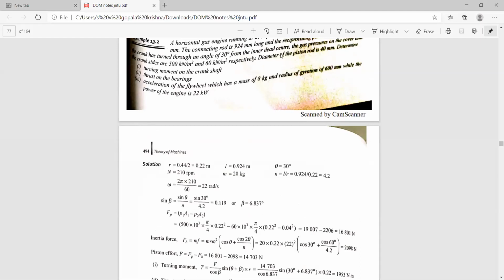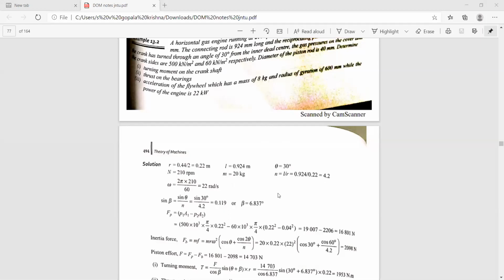Theta is 30 degrees, the angle between the crank and the horizontal axis along the line of stroke. The n value is 210 rpm, the mass is 20 kg, and the power P equals 22 kilowatts. Those are the given data available in our problem description.